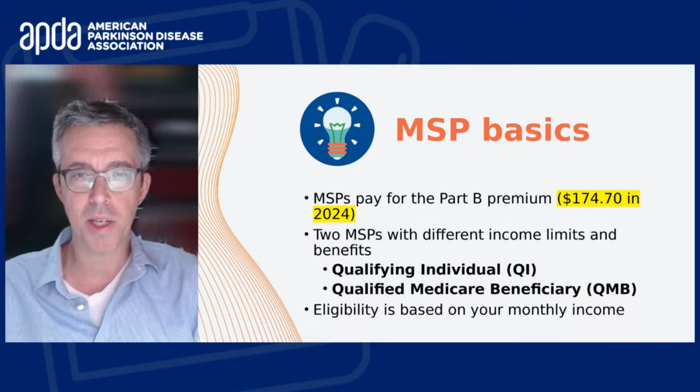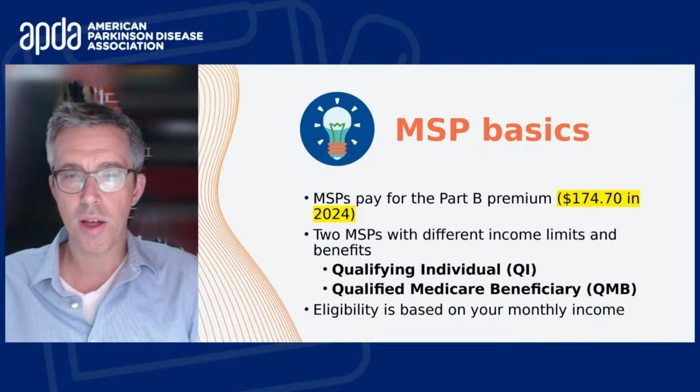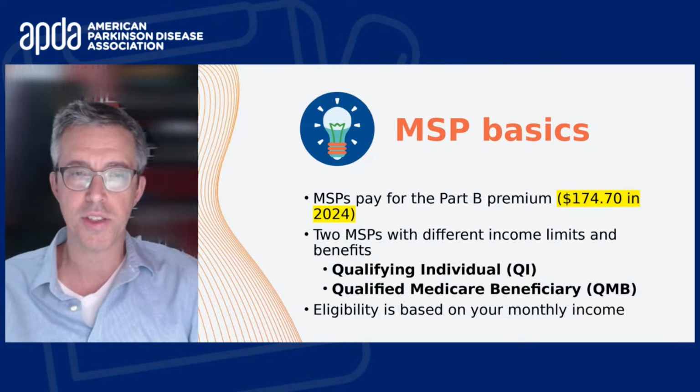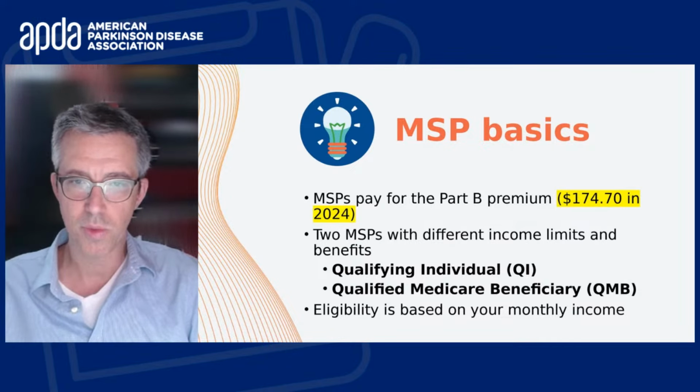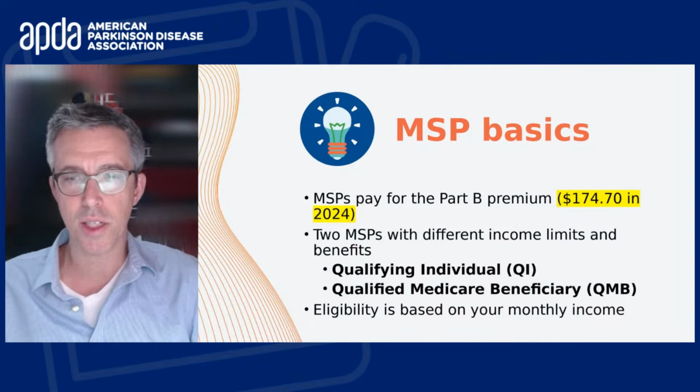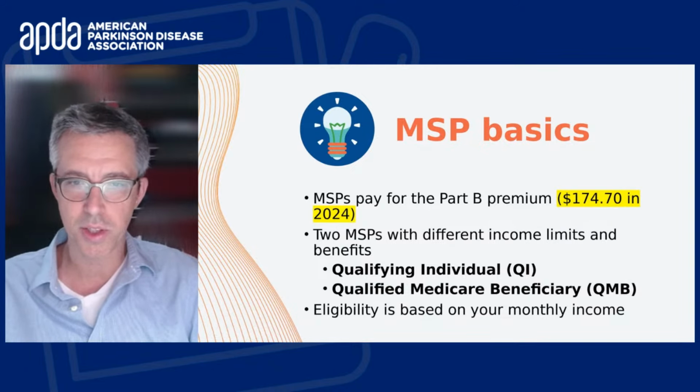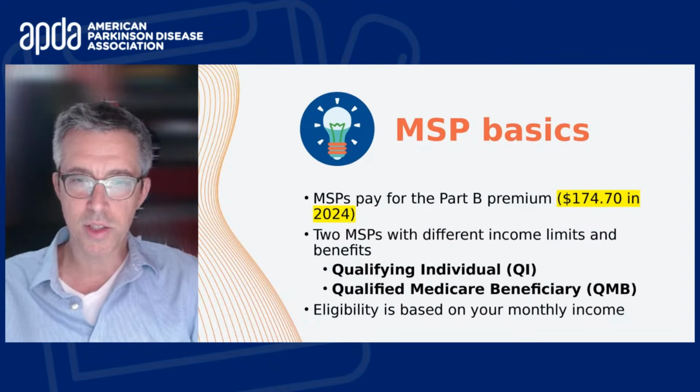So MSP basics. MSPs pay for the Part B premium, which is $174.70 in 2024. There are 2 MSPs in New York, but there are 3 nationwide, so it depends on your state. These are the different types of MSPs. There's qualifying individual, QI.